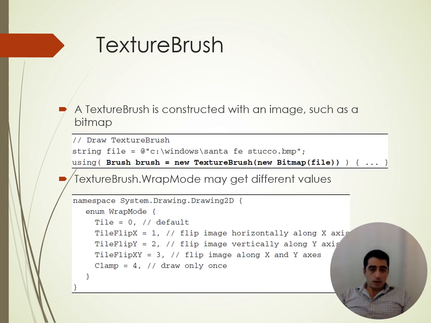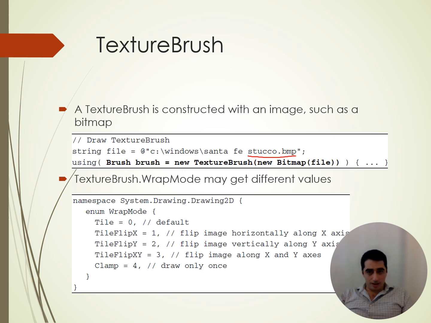Another brush type is called TextureBrush, which basically is constructed with an image. All you need to do is have the image file stored in a BMP file, a bitmap file like this.